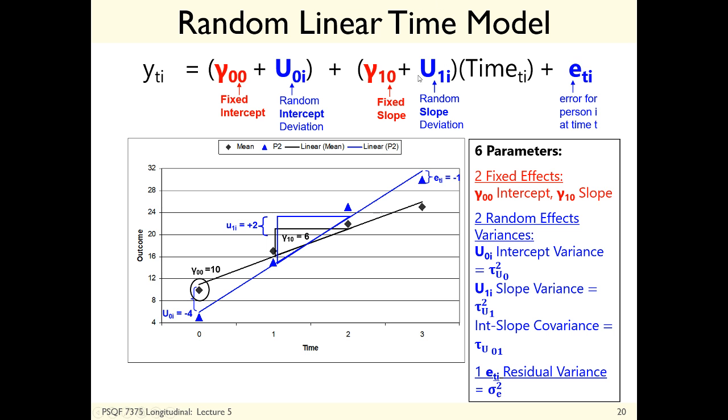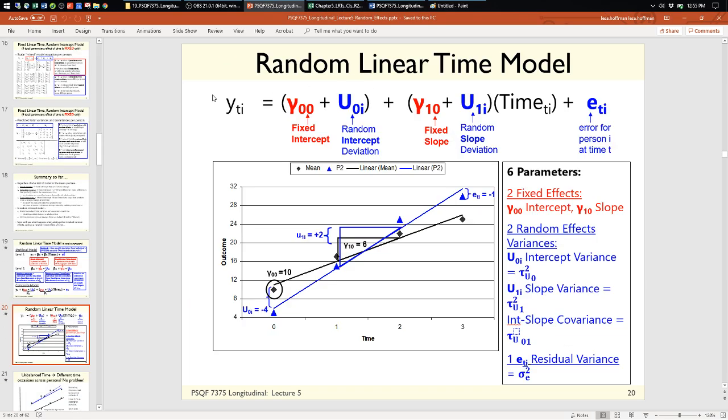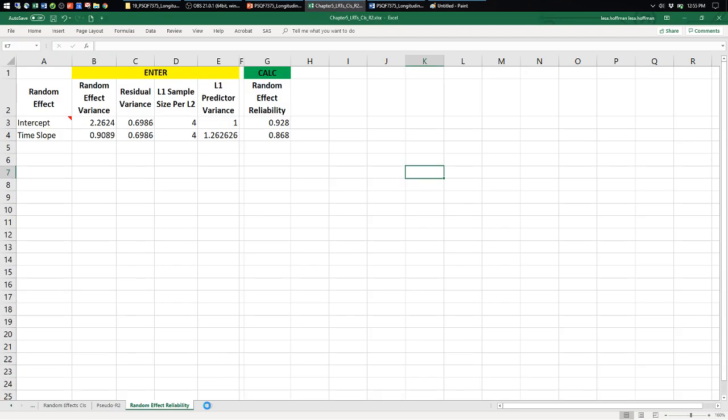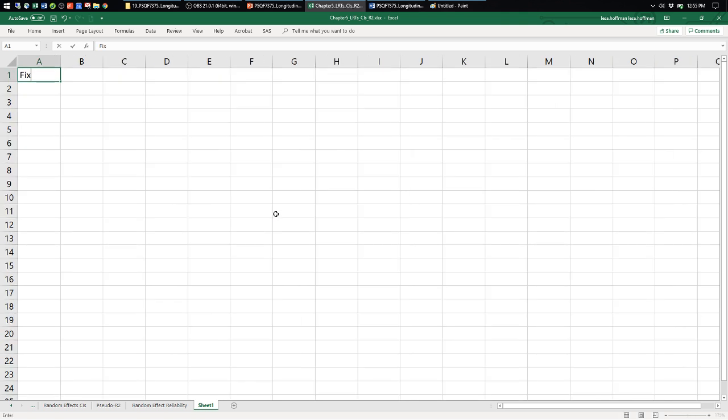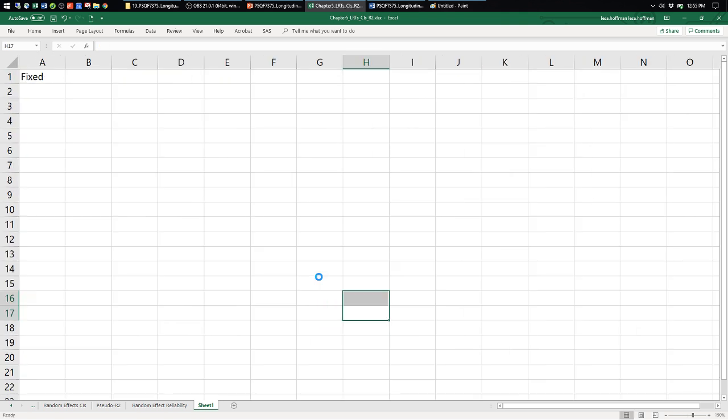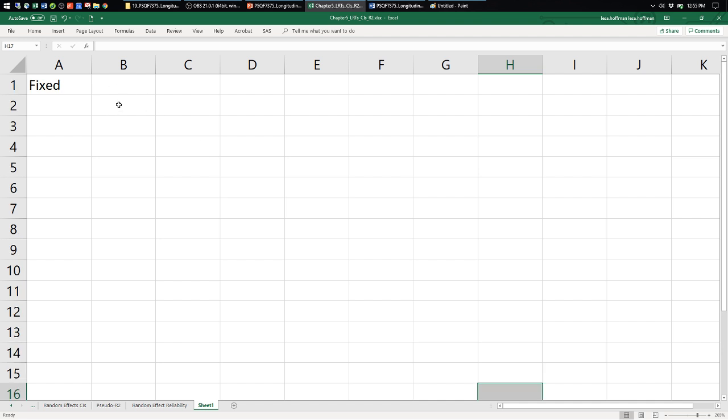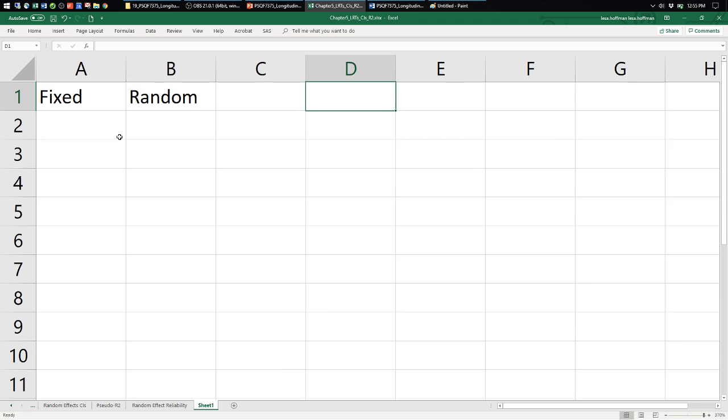So if you think about this fixed and random, it is possible to get the model to predict the U's for you, for each person, but we typically don't do that. But just to give you a sense of how this works, do this here, fixed and random. I'm giving you values, make this big.